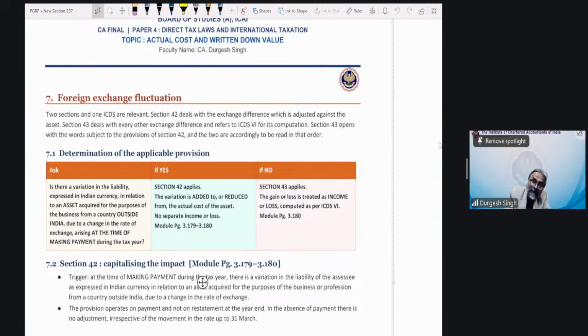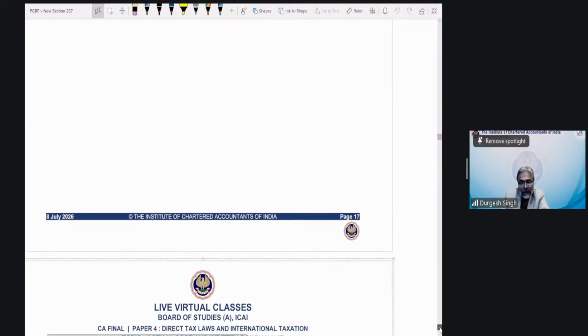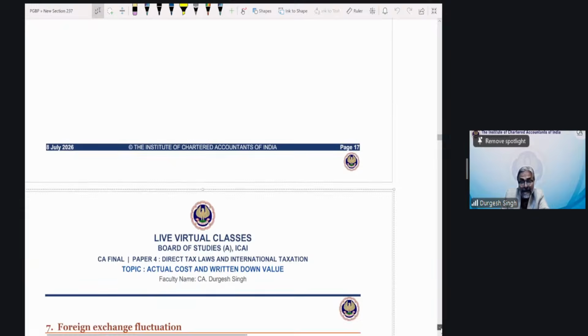And one of the adjustments, students, that you will do on the WDV value of the block is under section 42. So let's start with section 42, because 42 is connected to our block. And that is what first needs to be considered, because first and foremost, ICDS 6 is secondary.